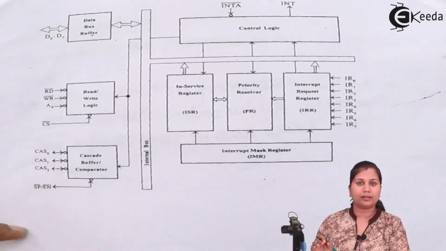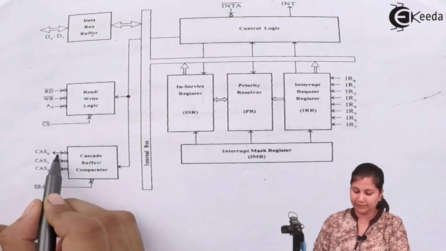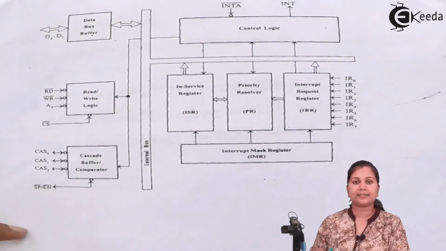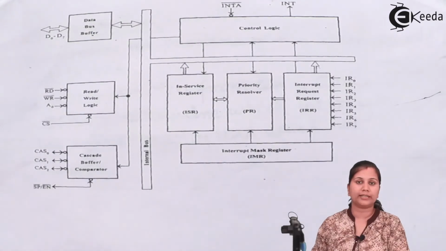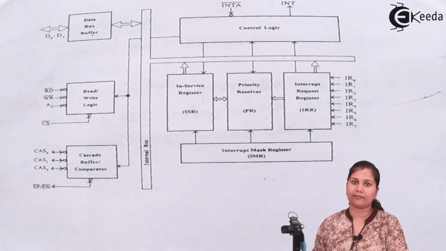If the 8259 is working in the master slave configuration, then these 3 cascade lines are used, and these lines act as the local bus to transfer the data between the various 8259 ICs in the master and slave configuration.